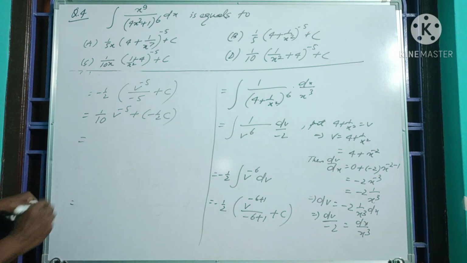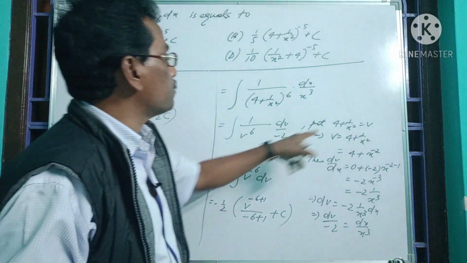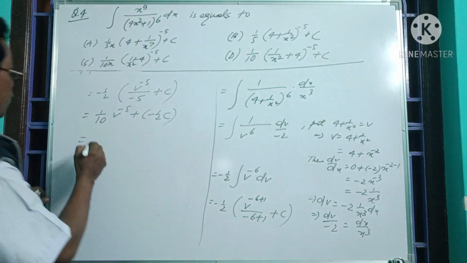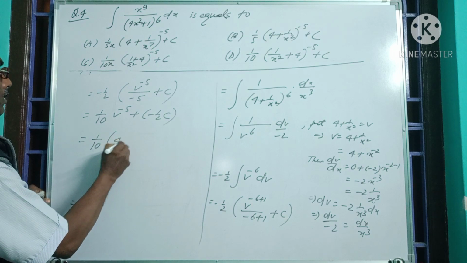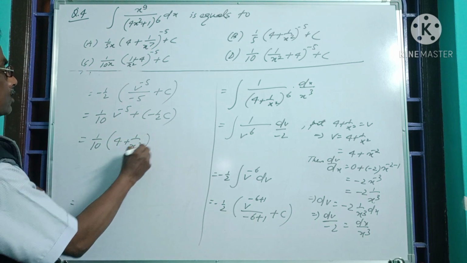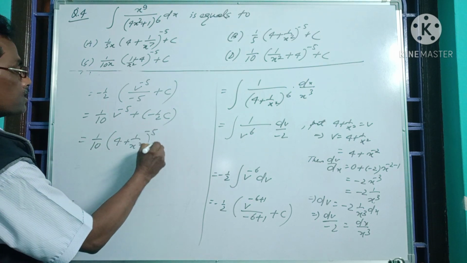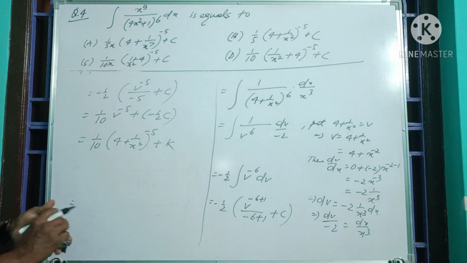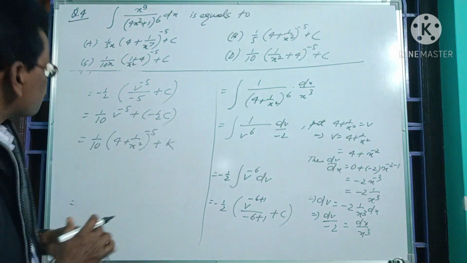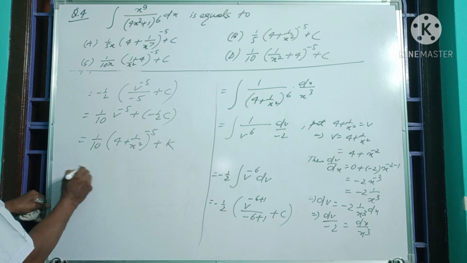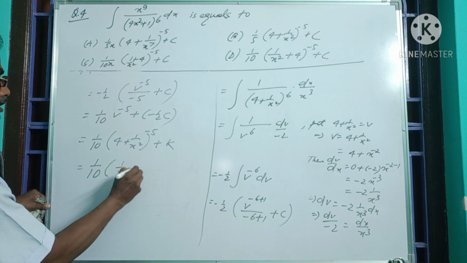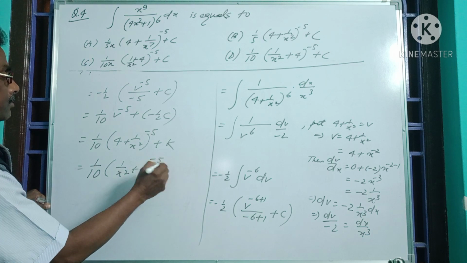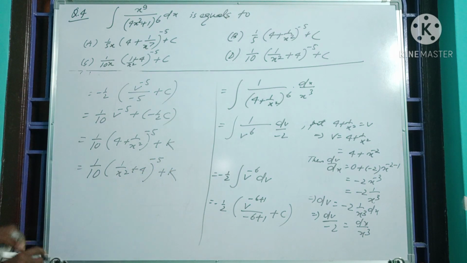So again replacing in place of v, that is 4 plus 1 by x square, we have 1 by 10 into 4 plus 1 by x square to the power minus 5 plus k, where k is the constant of integration, in place of minus half into c. So again changing the result, we have 1 by 10 into 1 by x square plus 4 whole to the power minus 5 plus k, where k is the constant of integration.